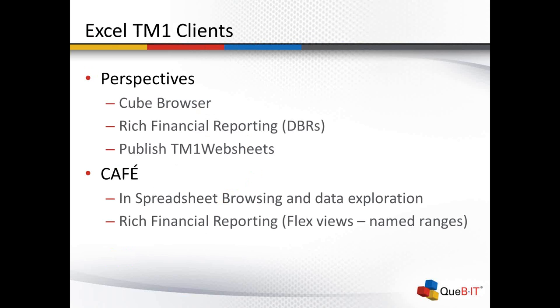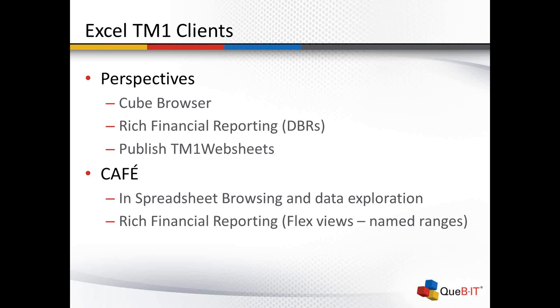So let's compare Perspectives and Cafe. I'm assuming that everyone on this call has some familiarity with Perspectives. Perspectives has a cube browser built into it, but that browsing is not in the spreadsheet.